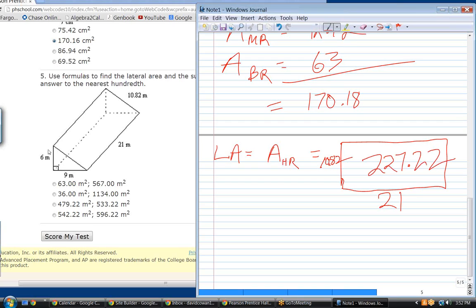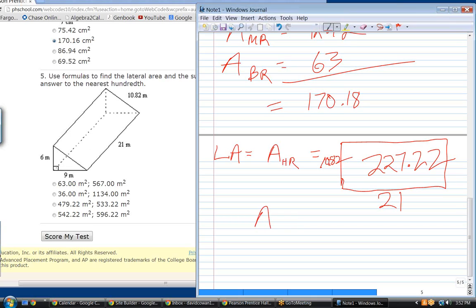Now, can you see that that's the only rectangle with those dimensions in this prism? This is not equilateral. In other words, this doesn't have an equal and opposite backside to it. Alright. There's two other faces.